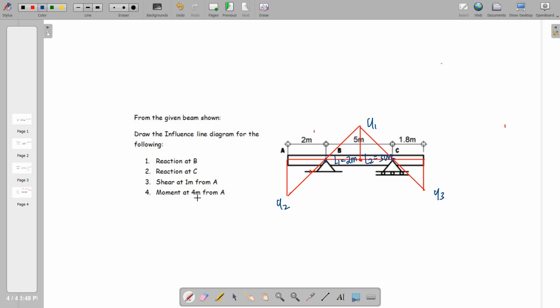The location is 4 meters from A. So therefore, we first compute the delta that is within the enclosed boundary of the two support reactions. So this is the product of L1 and L2 all over its sum.